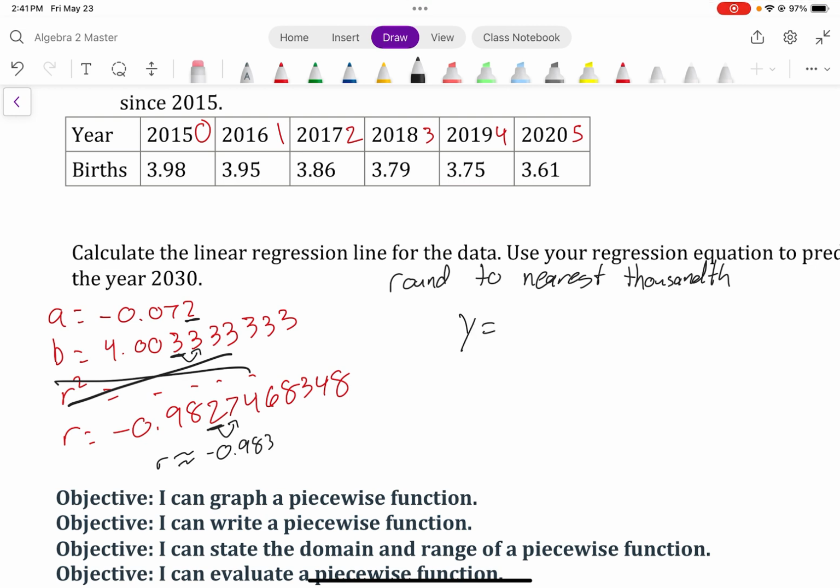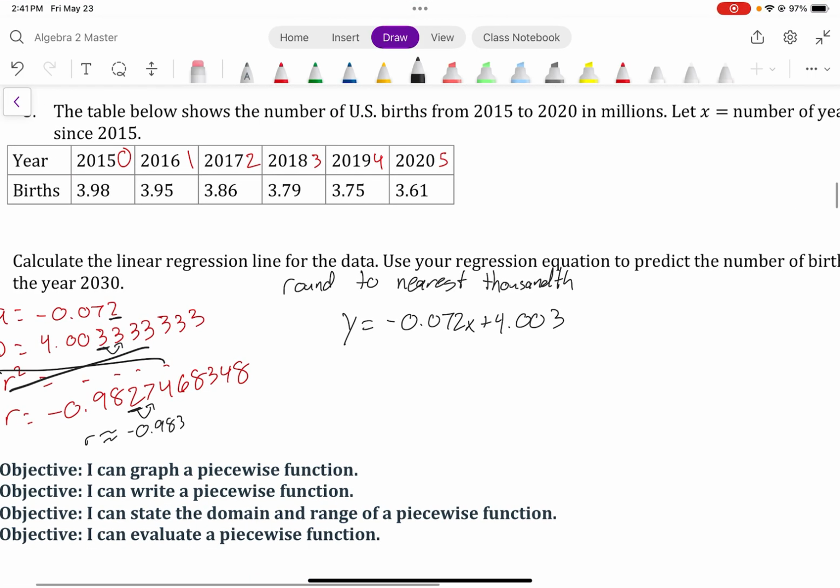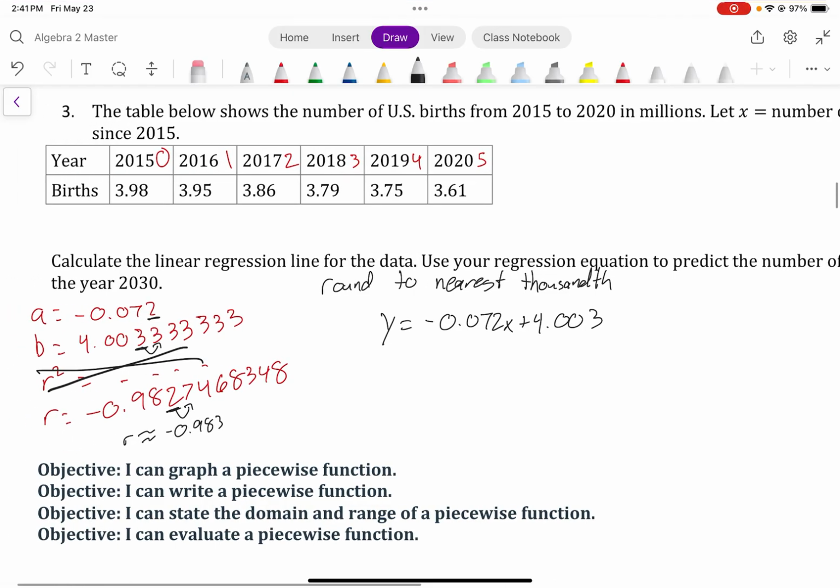My equation is y equals negative 0.072x plus 4.003. There's my equation. So now, the simple question, which makes it harder than it needs to be sometimes, or at least it feels that way, says use your regression equation to predict the number of births for the year 2030. 2030 is x equals 15, because 2030 minus 2015 is 15.